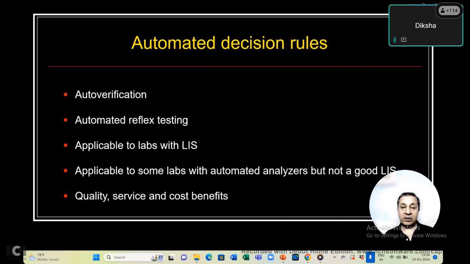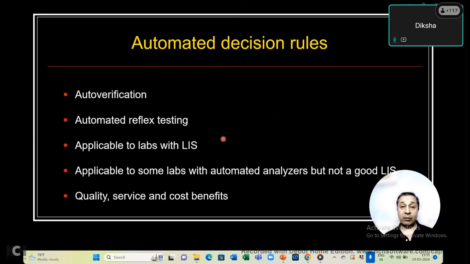So what's the solution to obviating the issues of manual review? Can we have something called automated decision rules or automated review? We could also use the concept of what is called auto verification. We'll talk about it a little later. We could also talk about something like automated reflex testing. For example, sometimes you might want to just go ahead and do reflex testing for alternate tests, or the test which might give you an alternate diagnosis.